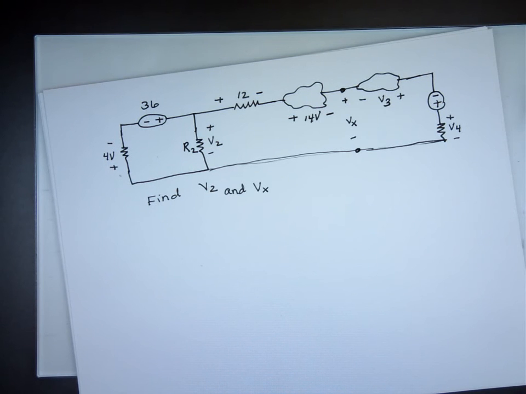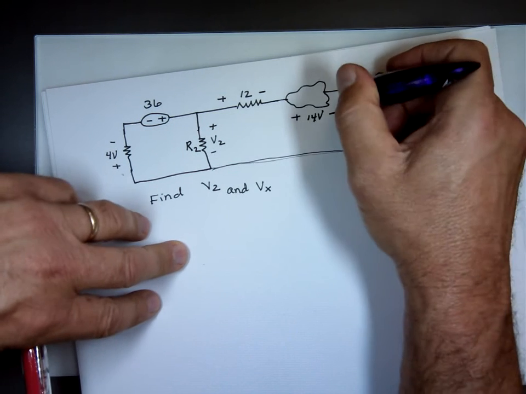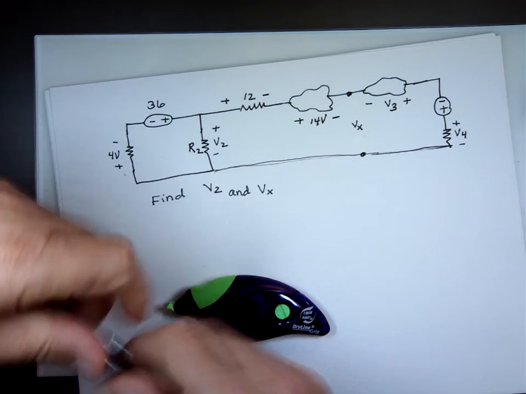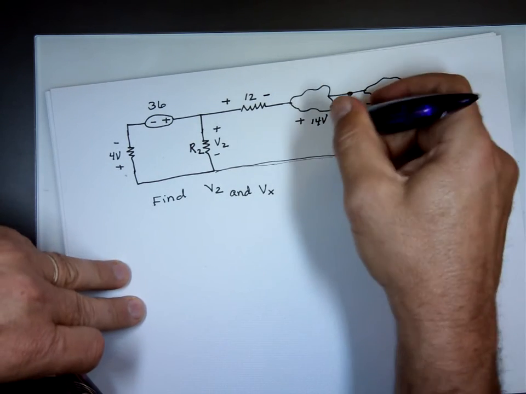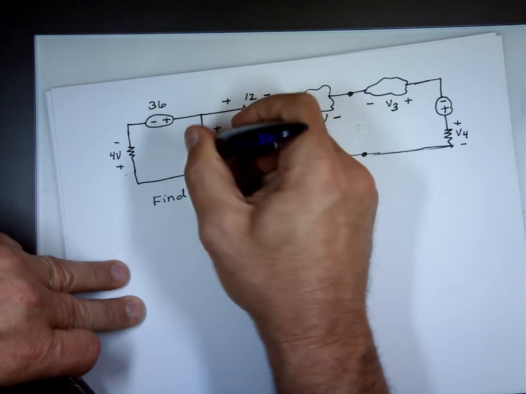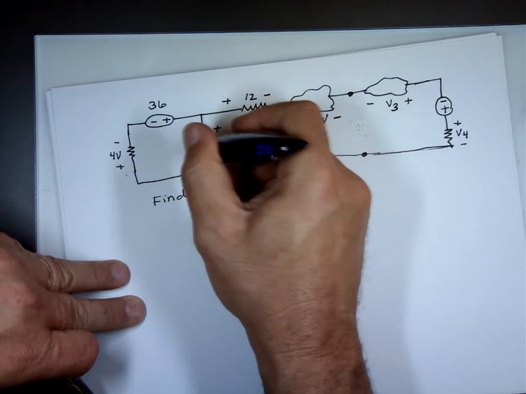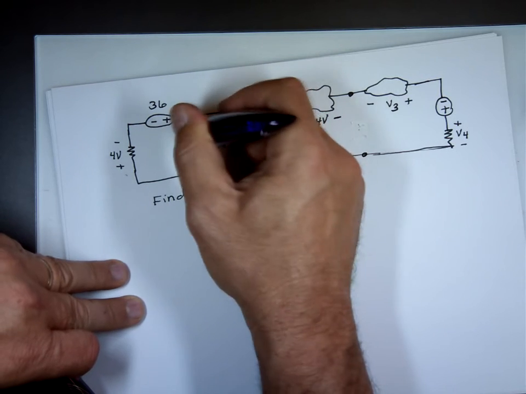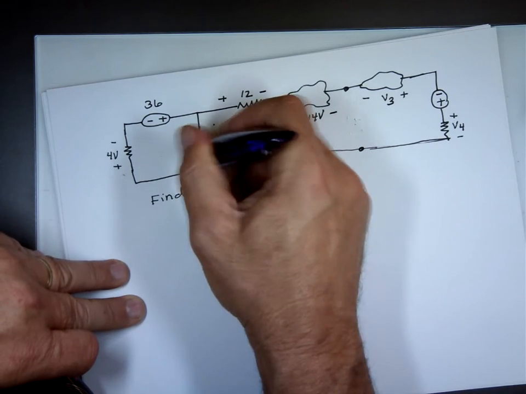Maybe I'll highlight these two. I guess I wasn't planning on making a mistake today. Where's my eraser? So Vx is labeled right here. That's V. That's 12 volts. Try to make the ones you're trying to find in red so you can spot them.